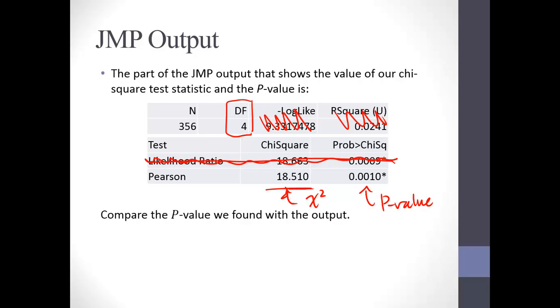The p-value is right there. So comparing that with what we said from the table, we said that our p-value is between 0.0005 and 0.001. So there you go. That's kind of a confirmation that that was the right thing.